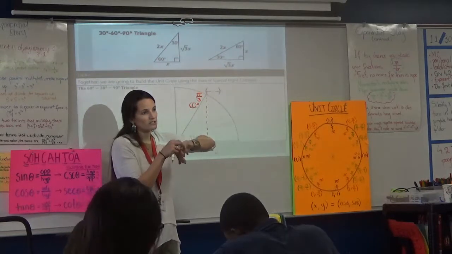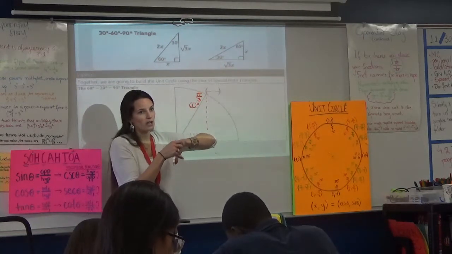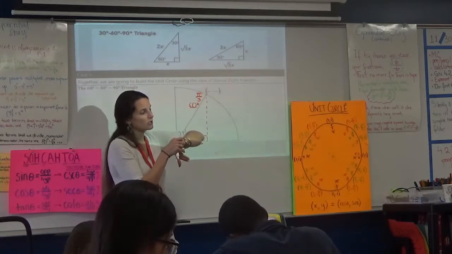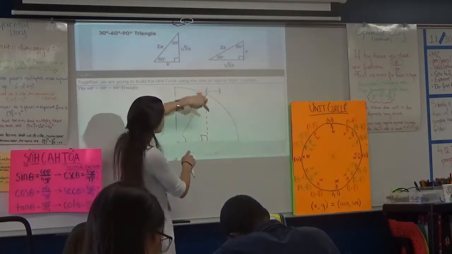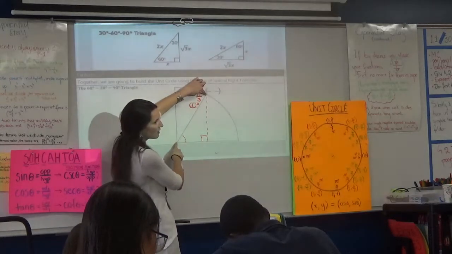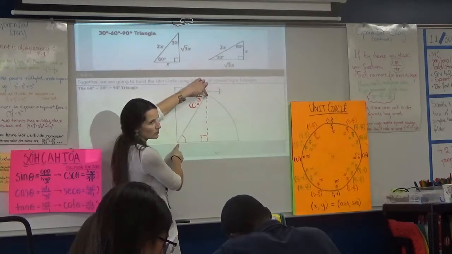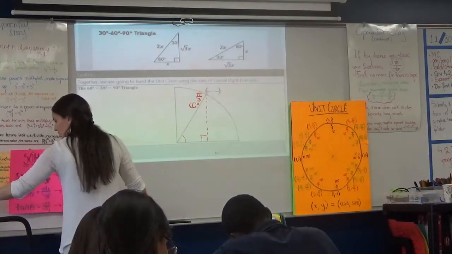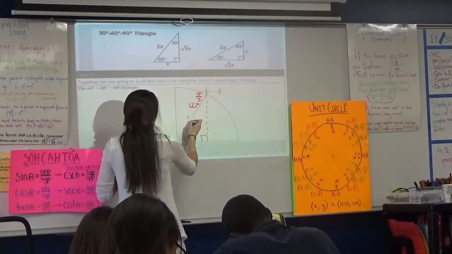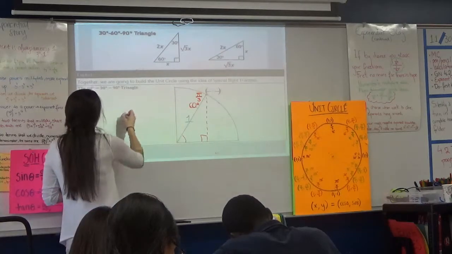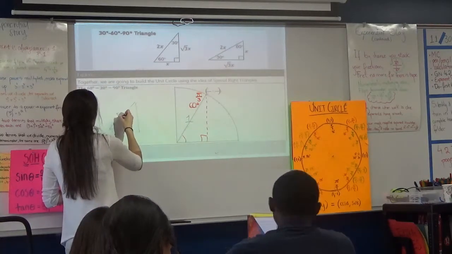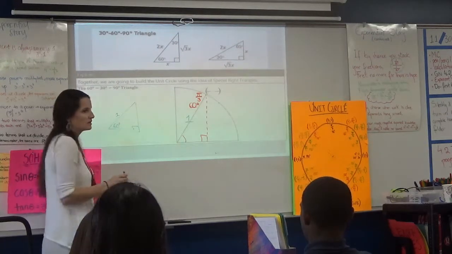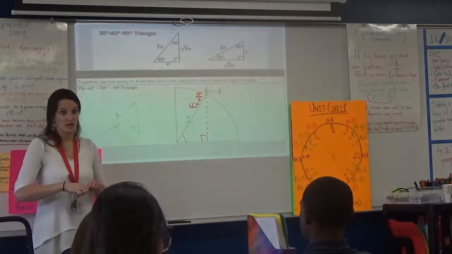Can anyone remind us, same thing as yesterday, which side we know of our triangle? Jeannie? What do we know that the hypotenuse is? Because the unit circle has a radius of 1, and this goes from the middle to the very outside of the circle. So this has a radius of 1. So we have a triangle with a hypotenuse of 1, an angle of 60 degrees, and it's a right triangle, so that's the 90 degrees.